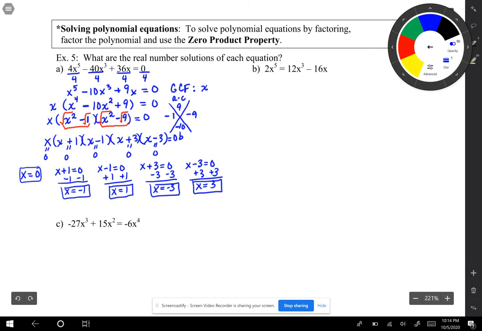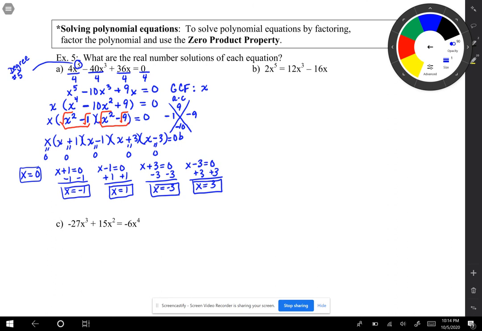If you look at the original problem, I hope you realize that the degree was 5. The degree tells you how many solutions there are going to be. That's a preview of something we're going to learn later on in the chapter. So we had 5 solutions there: x equals 0, negative 1, positive 1, negative 3, and positive 3.